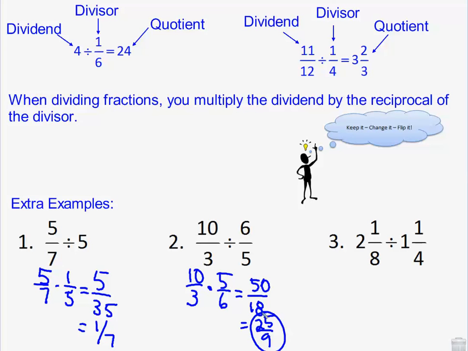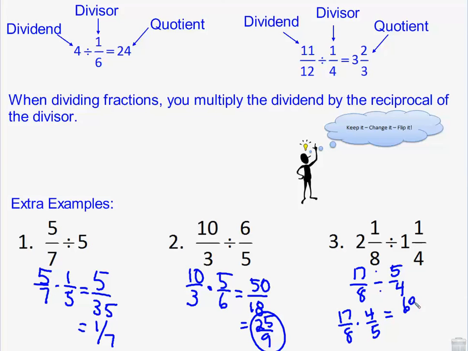I'm going to leave that as an improper fraction. That's fine. For number 3, when it comes to problems where you have mixed numbers, your first step is going to be to write them as an improper fraction first. So I'm going to rewrite 2 1/8 as 17/8, and I'm going to rewrite 1 1/4 as 5/4. Now I can keep it, change it, and flip it. So now I'm going to do 17/8 times 4/5.